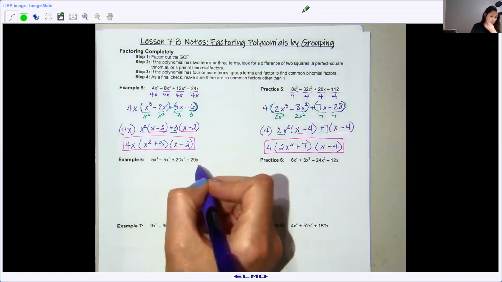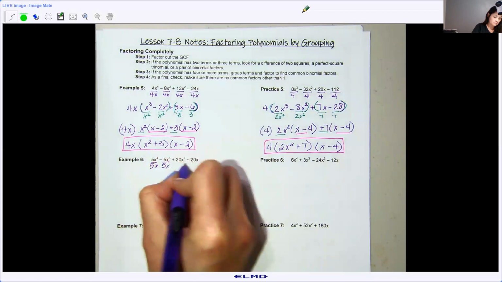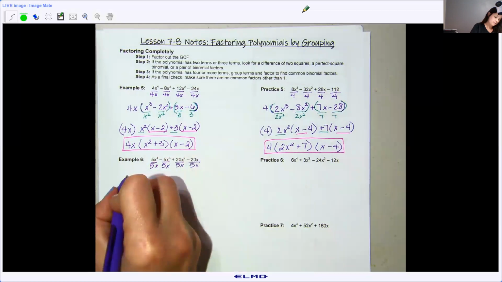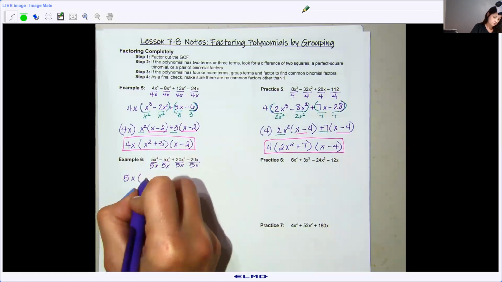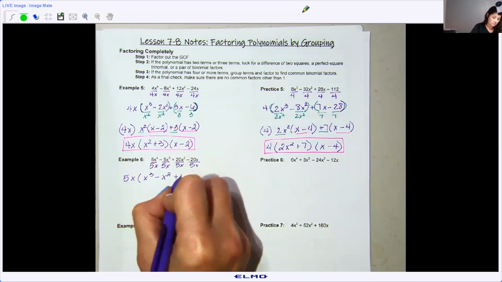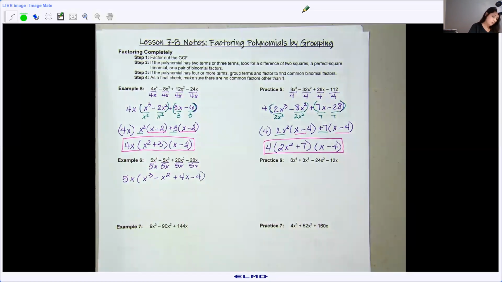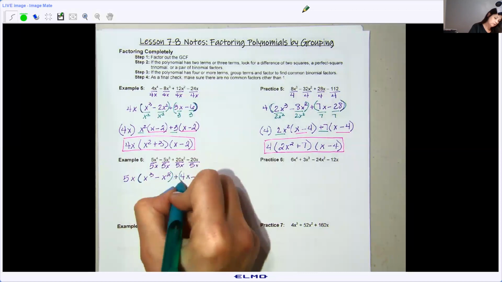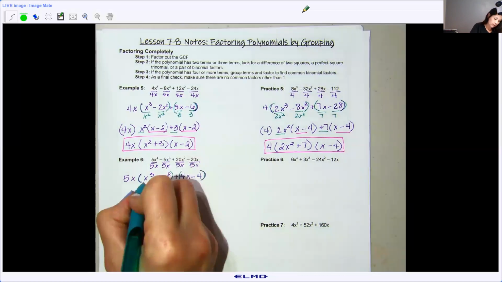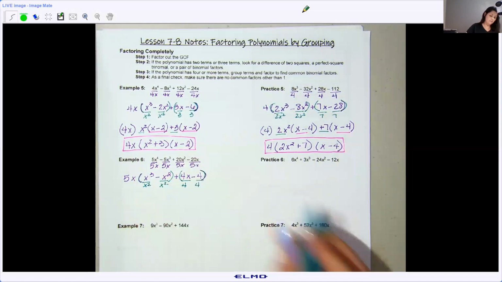Okay, the greatest common factor here is going to be 5x. Okay, so we have 5x. I'm going to separate them into my two groups. And I'm going to divide both of these by x squared, that's the greatest common factor, and both of those by 4.